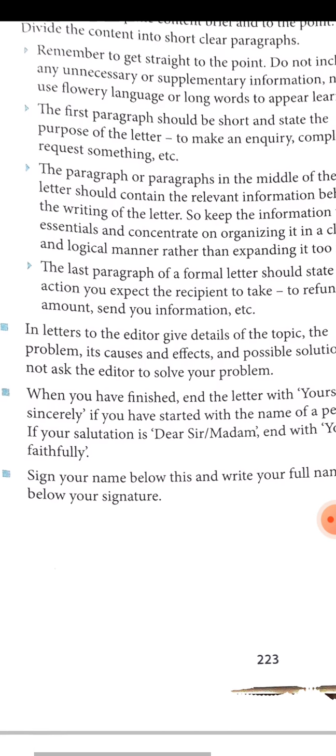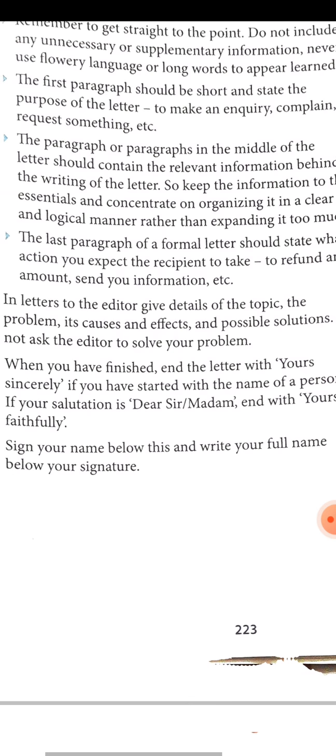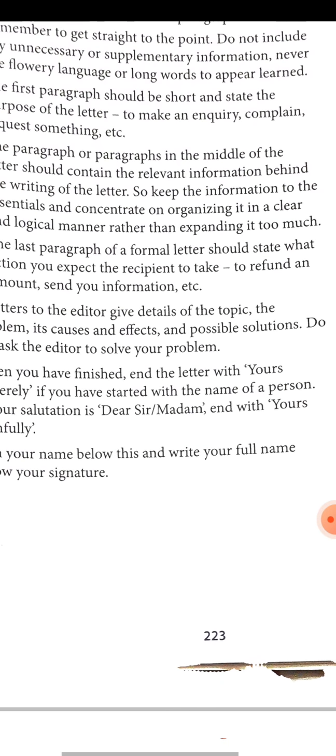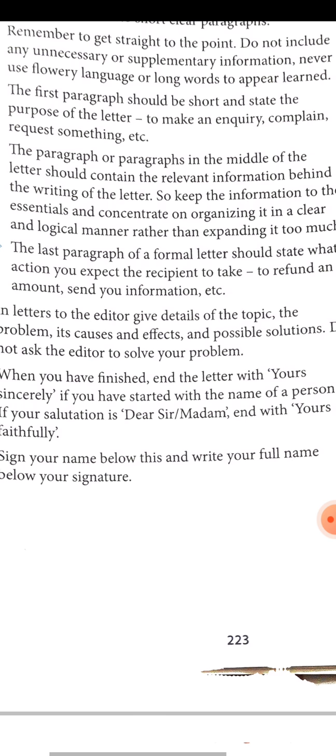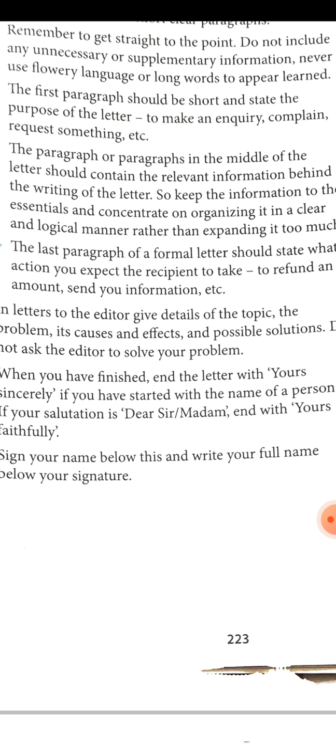The paragraph or paragraphs in the middle of the letter should contain the relevant information behind the writing of the letter. If you have to write any information in the letter, you can write it in the middle.